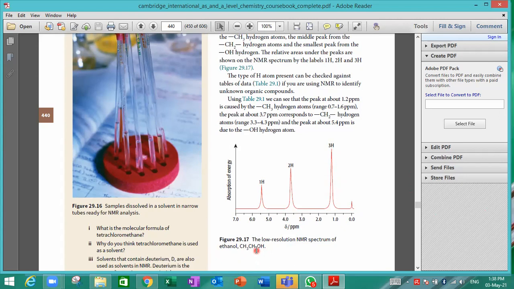And the other 2 hydrogens are similar, and they are in a different environment than the first. That's why we get them in a different place corresponding to 2 protons. And the last hydrogen here is bonded only to an oxygen, so it appears alone as 1 hydrogen. The area under the peak corresponds to 1 hydrogen or 2 hydrogens or 3 hydrogens or whatever.